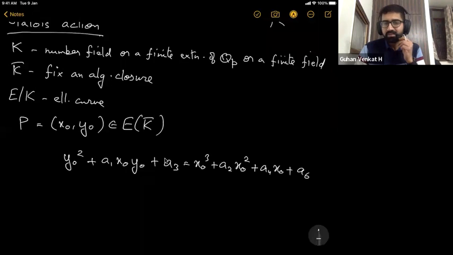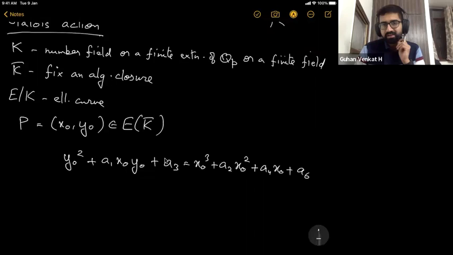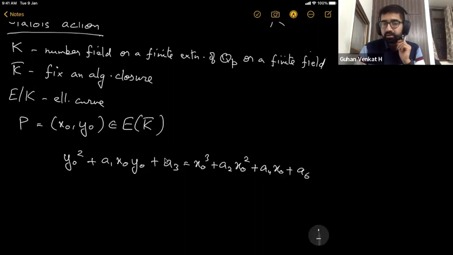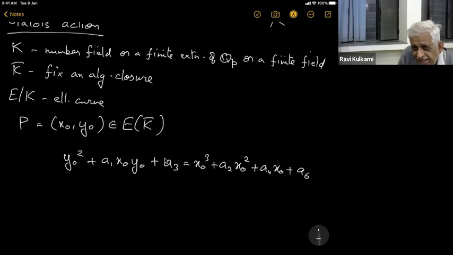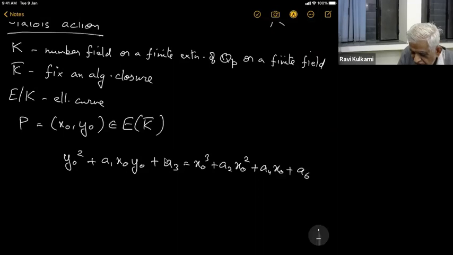So these K rational points could be just finite in the first place, or discrete. Discrete is the same as finite in this case, or otherwise it's dense, unless the rank is 1.